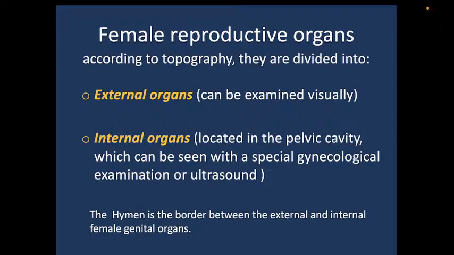And as you see, the border between the external and internal female organs is the hymen. The hymen is the reduced part of the cloacal membrane, and it is visible better in virgins, but in an adult woman it is located only as some small structure of the hymen.